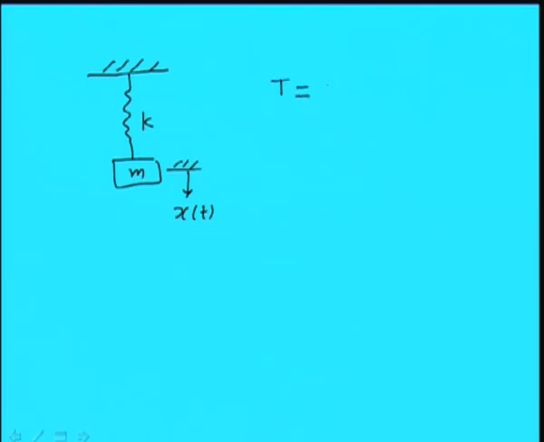The kinetic energy will be half m x dot squared, and the potential energy stored in the spring will be half k x squared. So the total energy T plus U is constant at any instant, and we can sum them up.